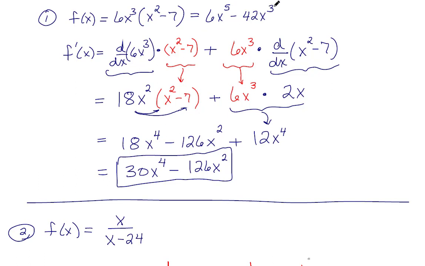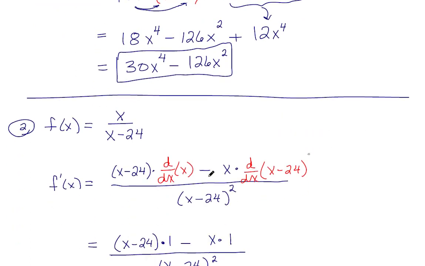Yes, and here 3 times 42 is 126x squared. So you could have multiplied it out and then just used your power rule. But this is what they wanted you to do, was to use the product rule.